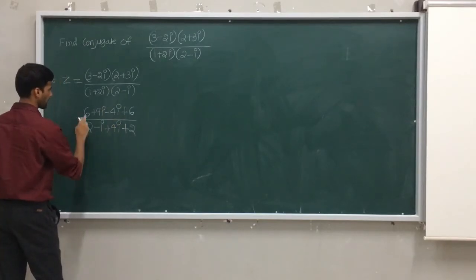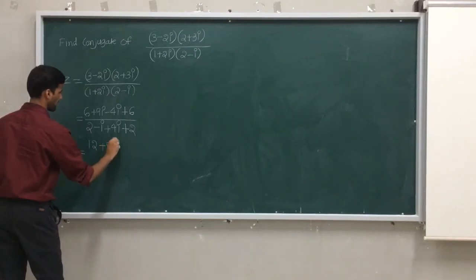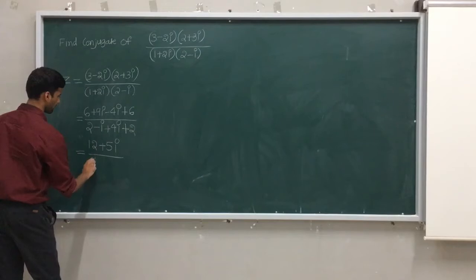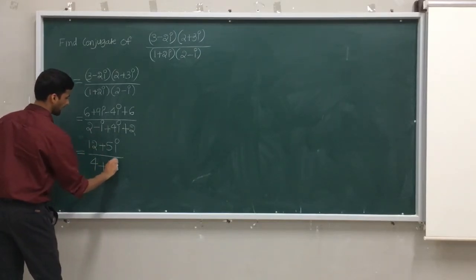So the numerator becomes 6 plus 6, 12, plus 9i minus 4i, 5i, divided by here 2 plus 2, 4, minus i plus 4i, that is 3i.